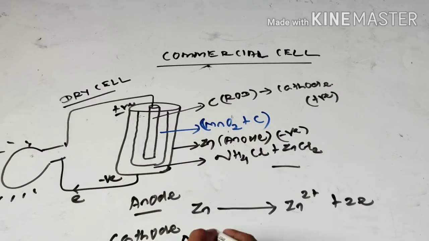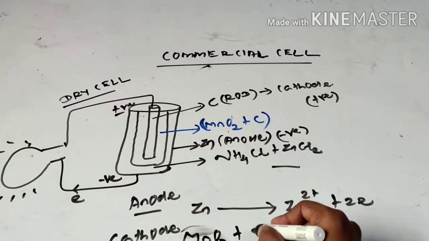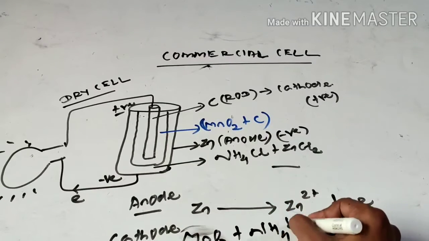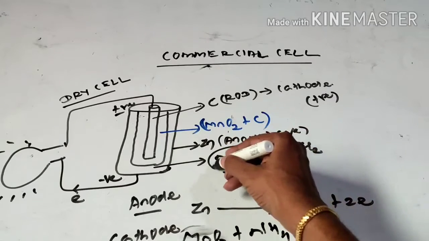Now the manganese dioxide, MnO2, reacts with ammonium, and where is this ammonium coming from? This ammonium is coming from the ammonium chloride.